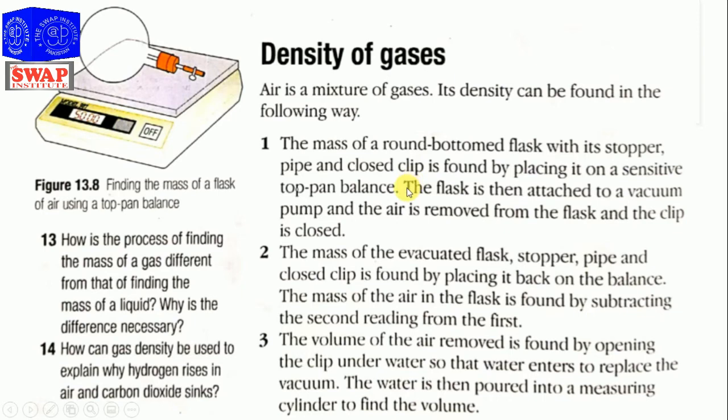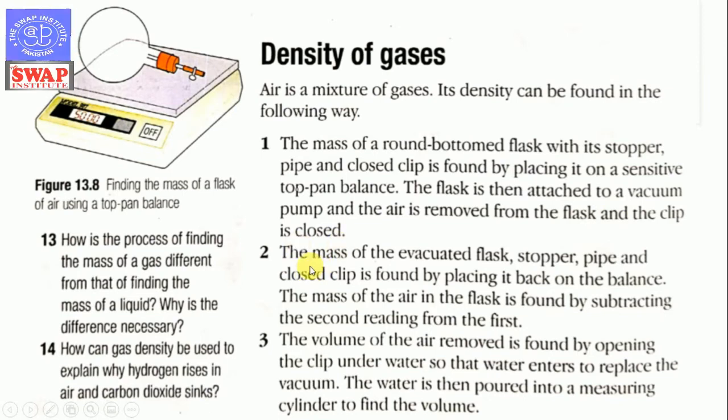The flask is then attached to a vacuum pump. This flask is attached to the vacuum pump to remove all the gases available in this flask. The air is removed from the flask and the clip is closed.